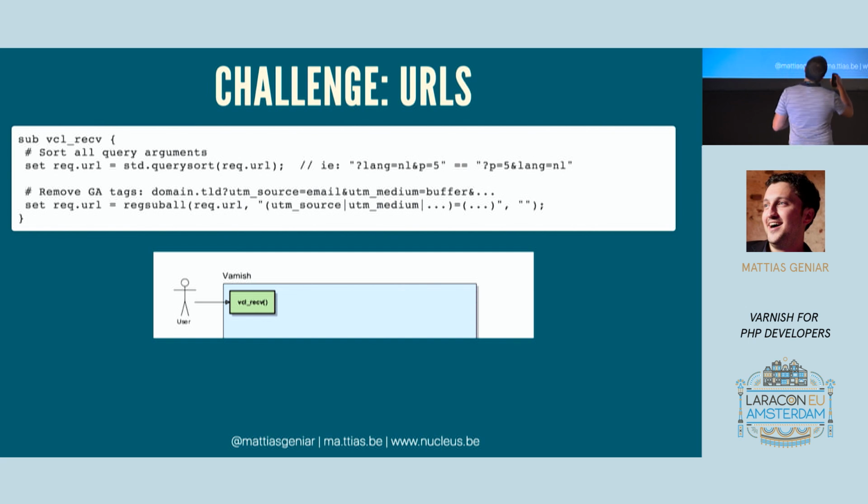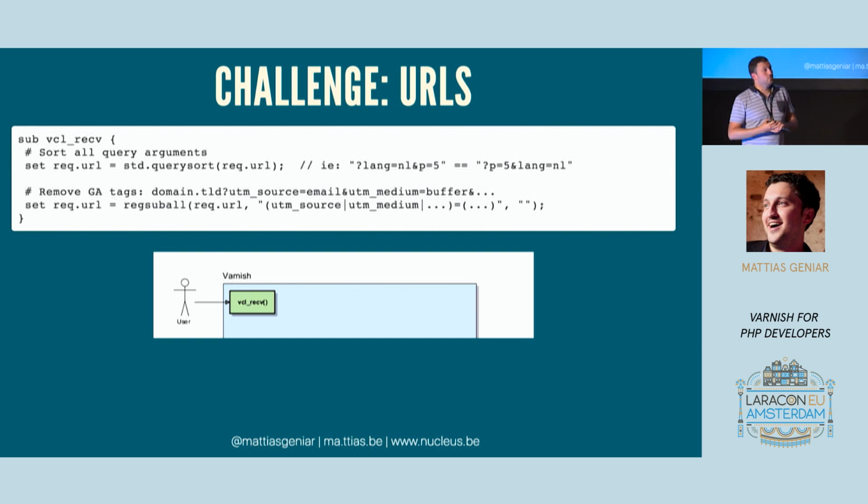What this does is all query arguments being set in your URLs are going to be sorted alphabetically. Because to your server, it really doesn't matter if you send it this request or this request. But to Varnish, it does, because the order will change your hash key, and you will get different variations of the same URL. So we sort them.